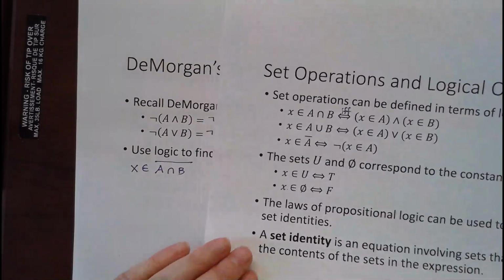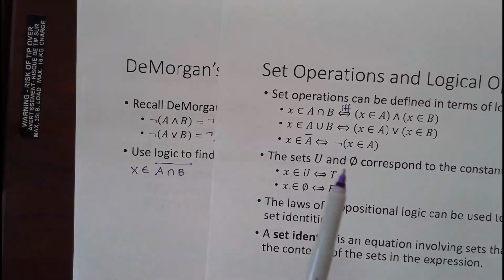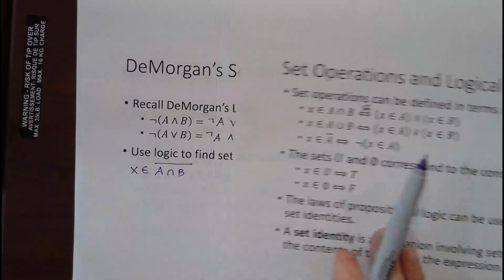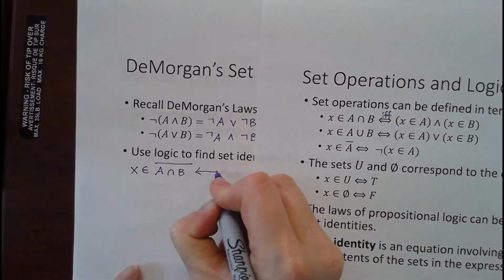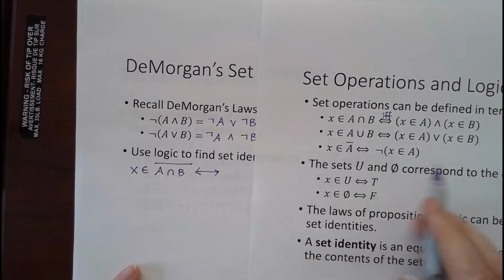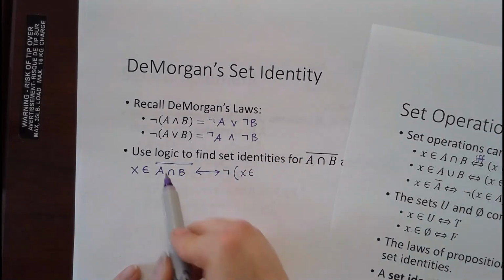So how can X be in the complement of a set? Well, notice here's the definition. X is in the complement of the set if and only if it's not in that set. So if it's not, X is in, well, what set are we talking about?